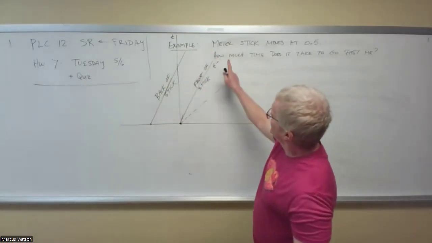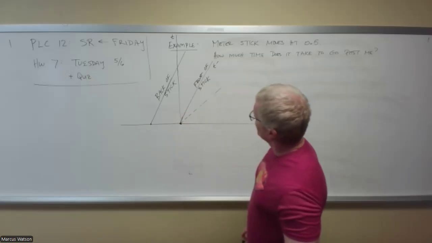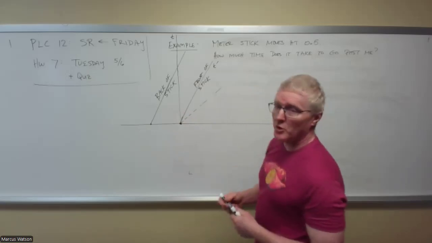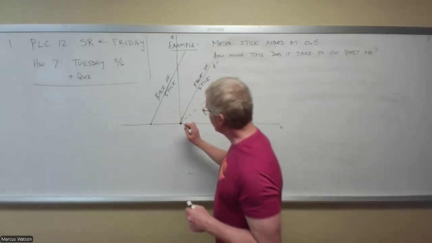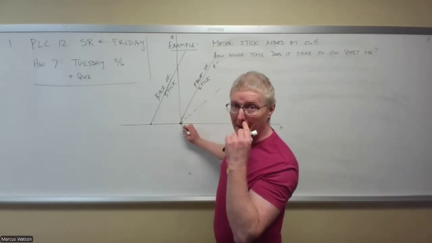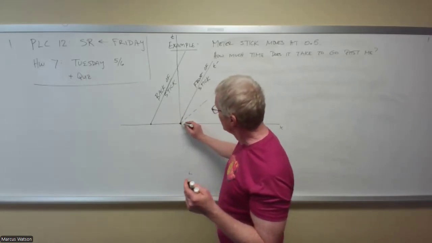t is the earth frame, t prime is the meter stick frame, and what we would be interested in is how much time does it take to go past? Well, the front of the meter stick is here at time 0. How much time, according to the earth frame, does it take for the meter stick to go past?